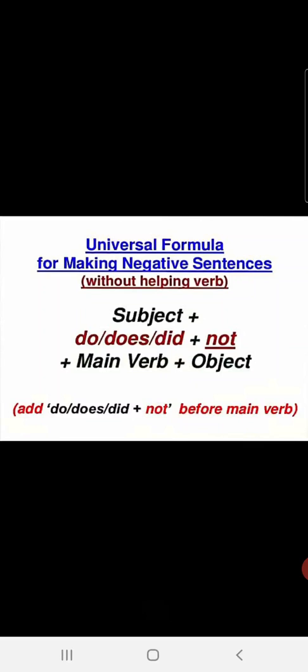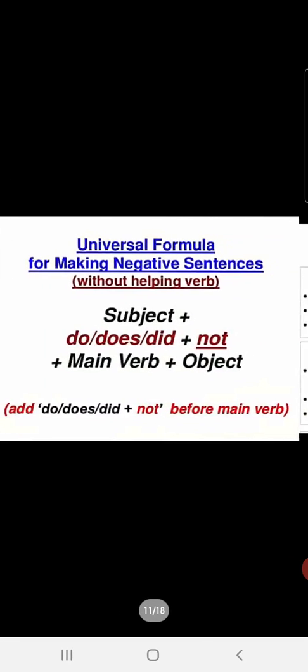These are used when the tense or the verb in a sentence is in simple tense. I repeat, when the main verb in the sentence is in simple present tense or simple past tense, then children, we are supposed to use do or does or did plus not to change a positive sentence into negative.